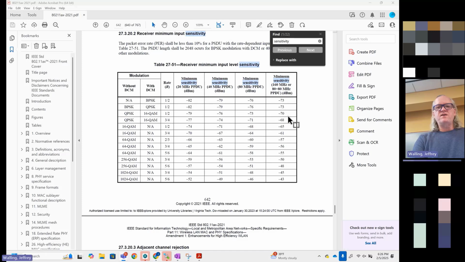Then, going down through the different MCSs or modulation coding schemes, you get to -43, which is the sensitivity for our receiver when it's operating at 1024 QAM, 160 megahertz.